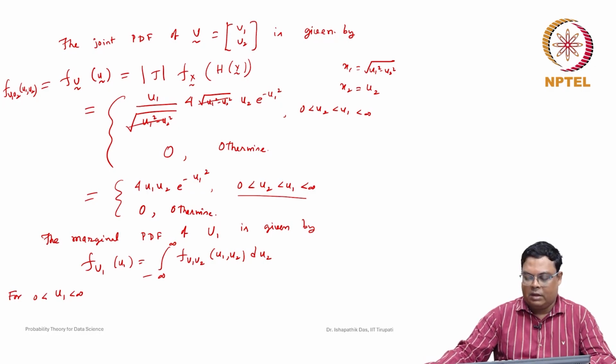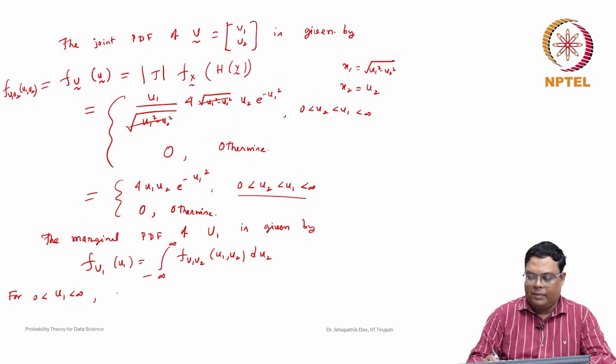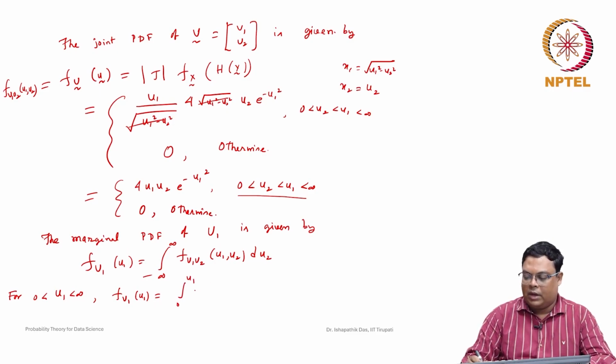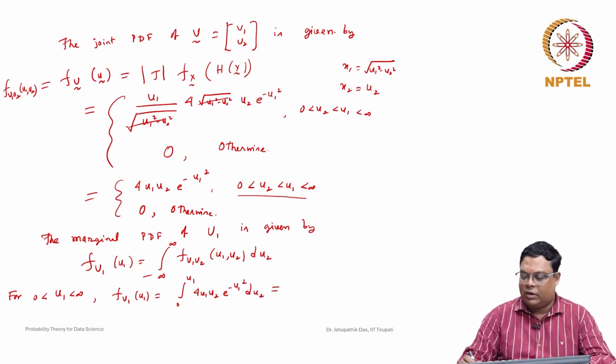So f of u1 is, because the range of u2 is 0 to u1, for any other case the value will be 0, the integral from 0 to u1 of 4 u1 u2 e to the power of minus u1 square du2. Since the integration is with respect to u2, 4 u1 e to the power of minus u1 square goes outside the integral, then the integral of u2 du2 from 0 to u1.